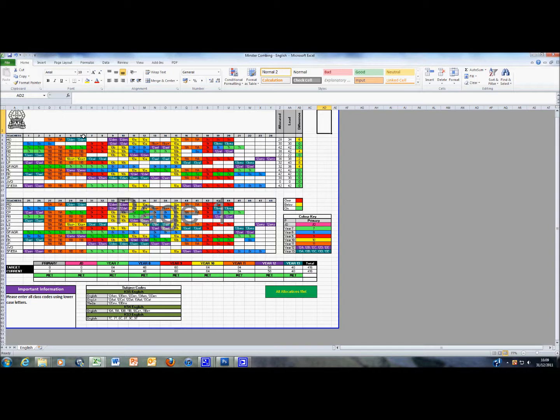We can see from this example, however, that in the case of 12D English language, MO has been drawn from the 11A half and the 10A population, whereas LH has been drawn from the 11B and the 10B half.